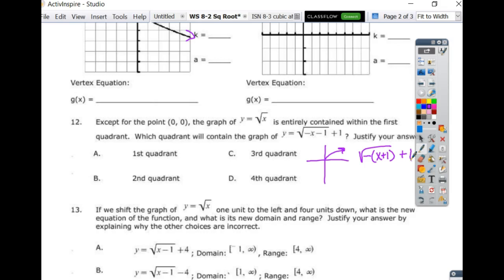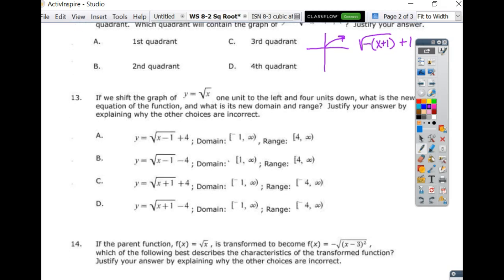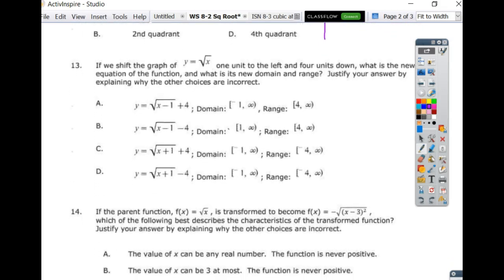This way, right? So which quadrant is it in now? It's in the second. All of you missed this. I don't understand. You just flip it. It wasn't even an upper level question. I think most of you got this one right.